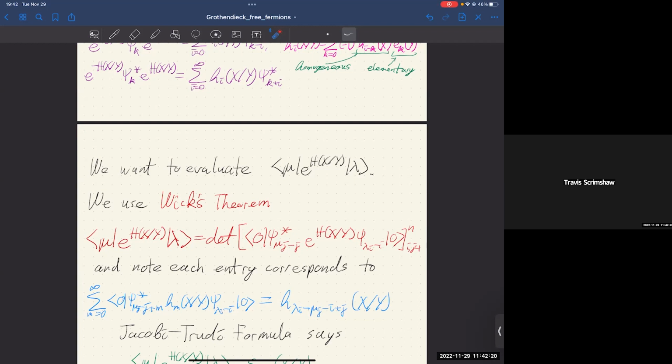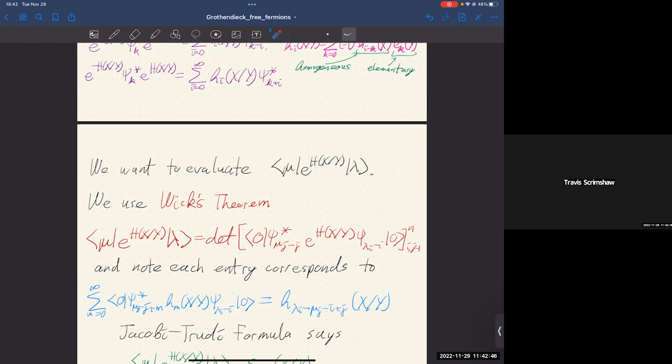That's the long-winded version. The short version is, if we want to evaluate this, we can reduce it down to evaluating a determinant where we just have a single psi star paired with psi_i, and then our half vertex operator stuck in the middle.